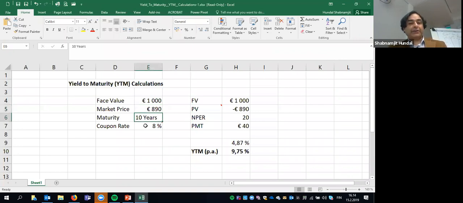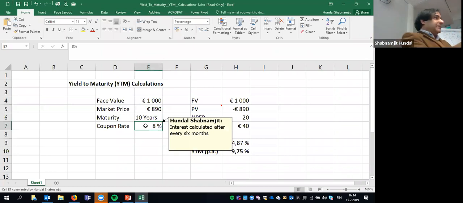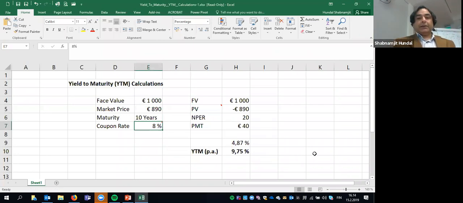The coupon rate, what is written on the piece of paper, is 8%. Then definitely, I will call this FV, a face value. 890 is a present value, the current market price. And I call it minus because this is how much you pay. So you pay 890 to get the debt of 1,000.